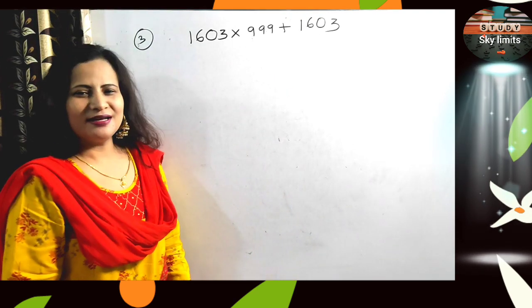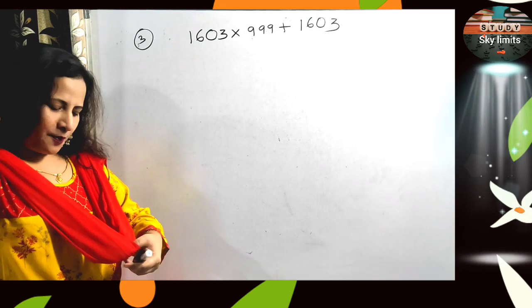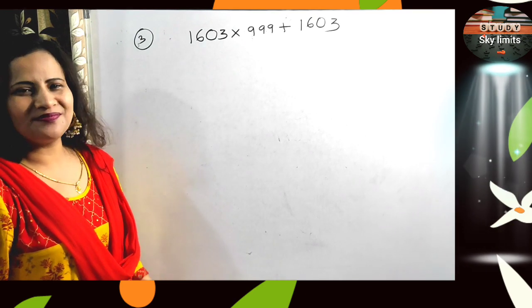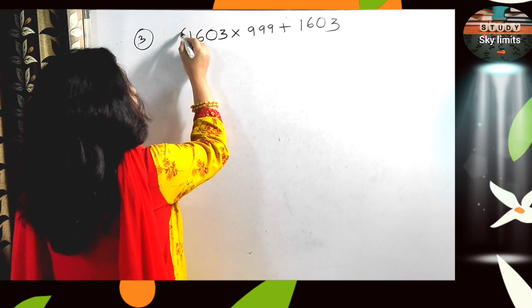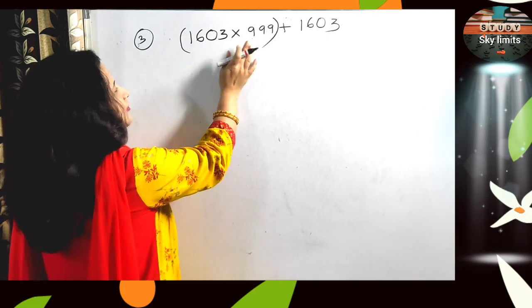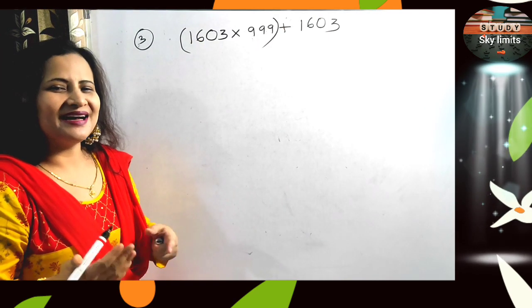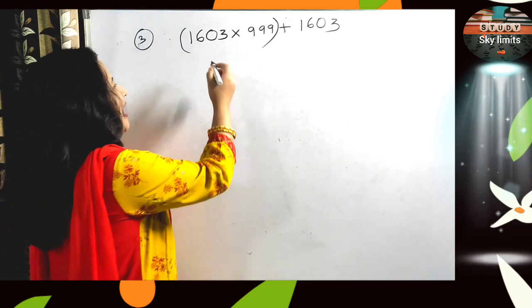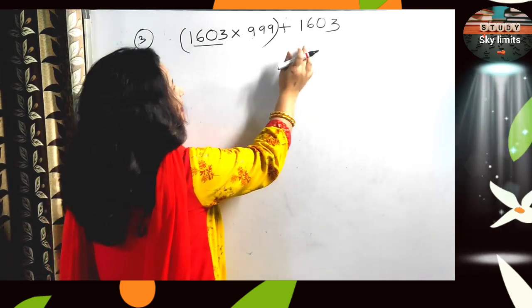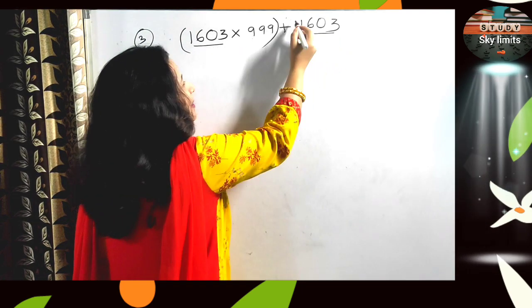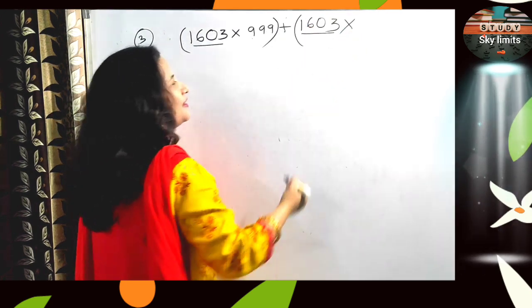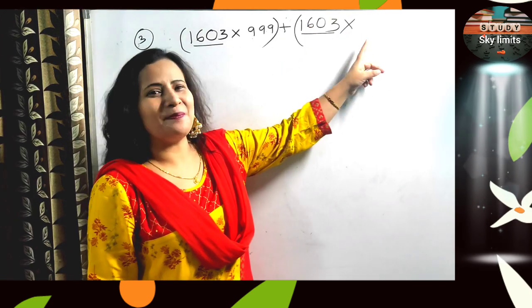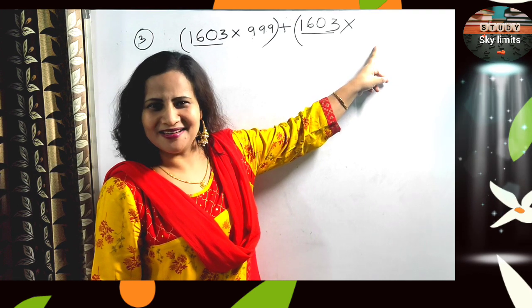As I told you, the format of the distributive property is obviously for addition. So now 1603 is first multiplied by 999, and this number is repeated here again, but then its multiplication pair is missing, isn't it?